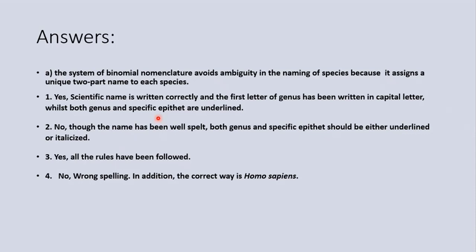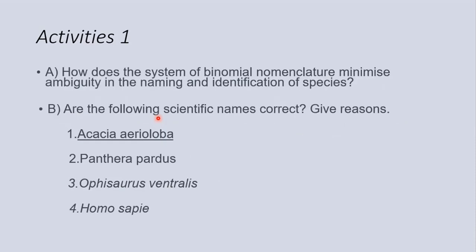So this system makes each species unique, and we are able to characterize it and distinguish it from other species in simple terms, because it assigns a unique two-part name to each species.